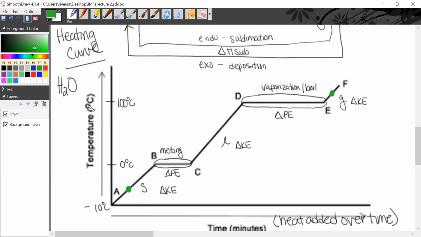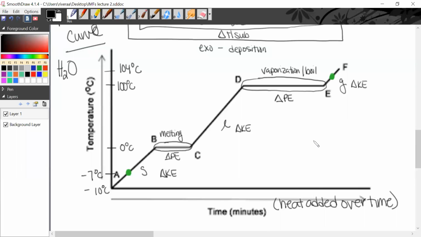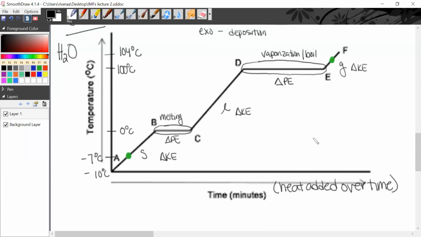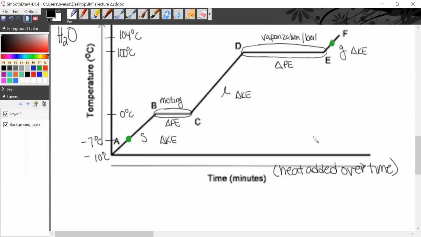So let's say that this random point that I picked here is -7 degrees Celsius. And let's say this point up here is 104 degrees Celsius. So my question to you guys is going to be, let's go ahead and write the problem down here below.